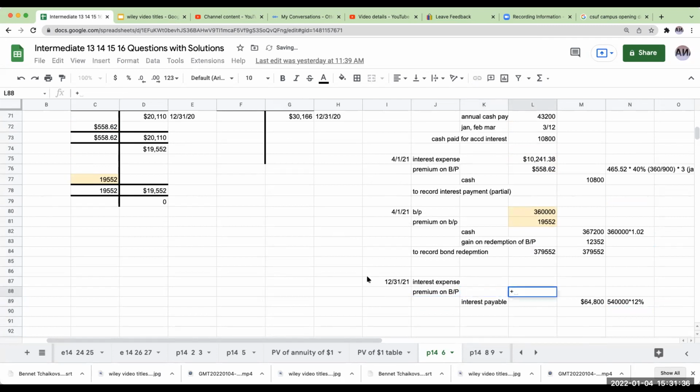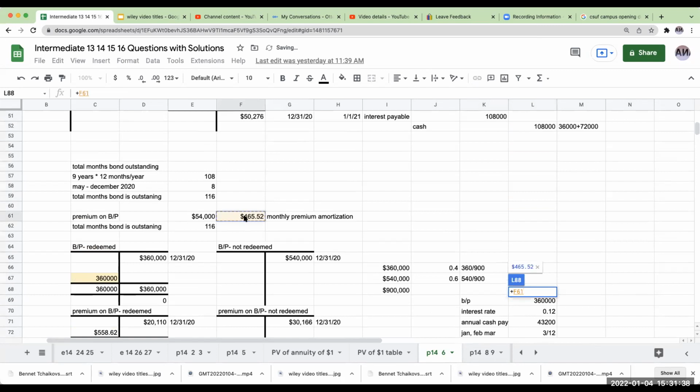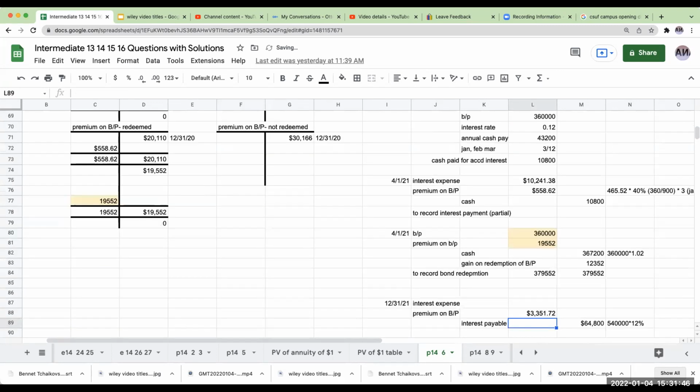If I take my monthly premium amount and multiply that by 0.6, because remember, we did not redeem 60% of the bonds, and I multiply that by 12, I get 3,351.72. So the amount of my interest expense is going to be 61,448. And let's see.